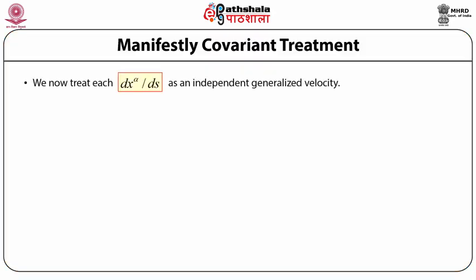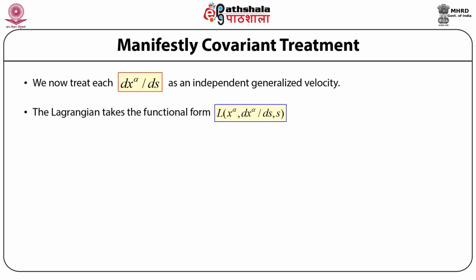The action integral is an integral along the world line of the particle, and the principle of least action is the statement that the actual path is the longest path, the geodesic. We now treat each dx alpha by ds as an independent generalized velocity, so the Lagrangian takes the functional form L dependent on x alpha, dx alpha by ds, and s.